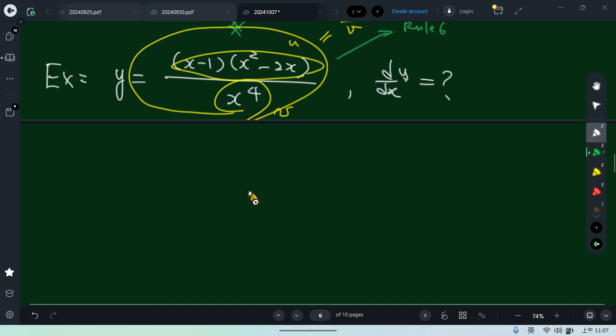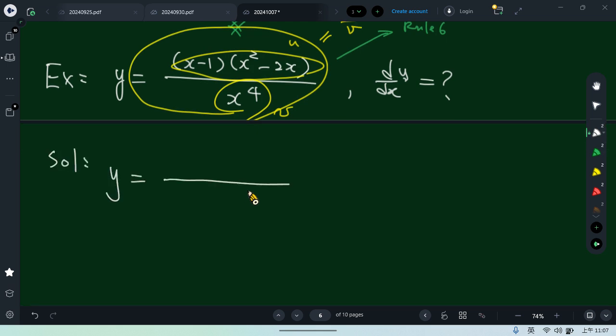So why not just try to expand it to become x to the power 3 minus 2 x to the power 2 minus x squared plus 2x over x to the power 4, right? That means I will not directly follow rule 6.